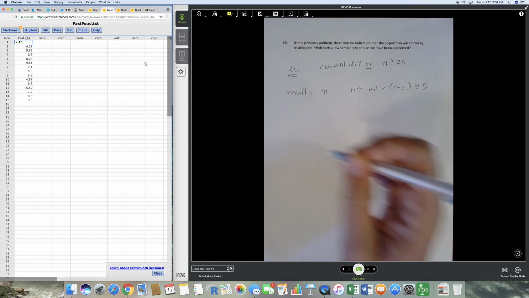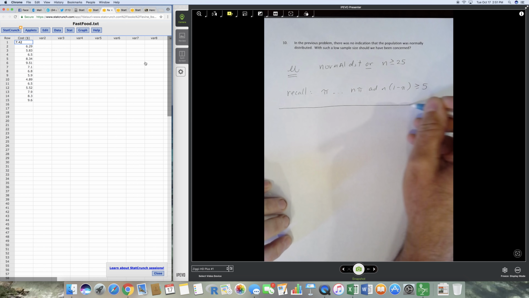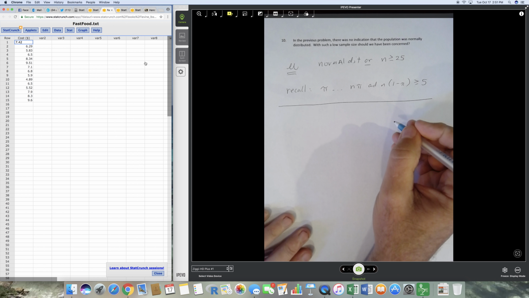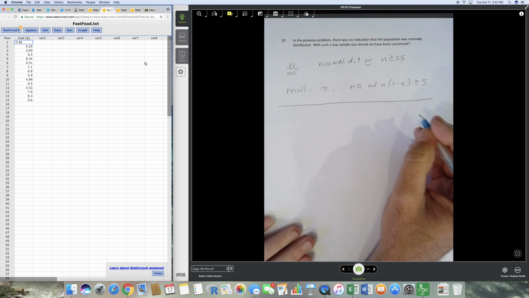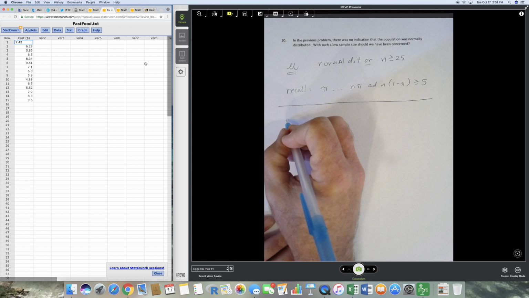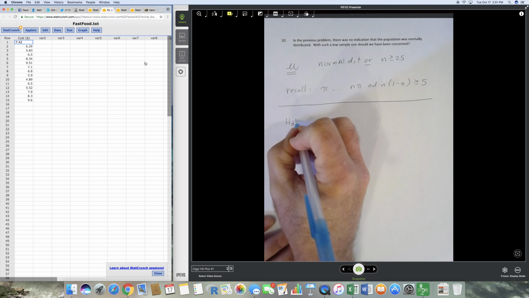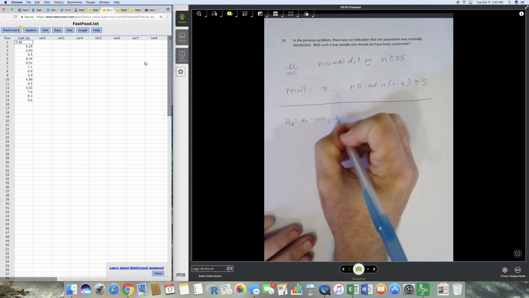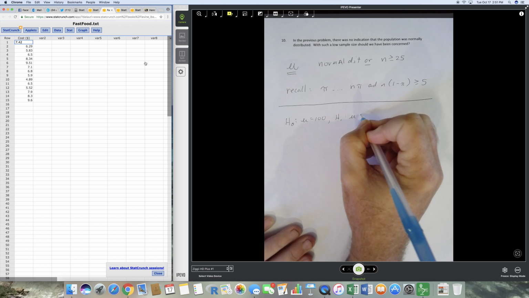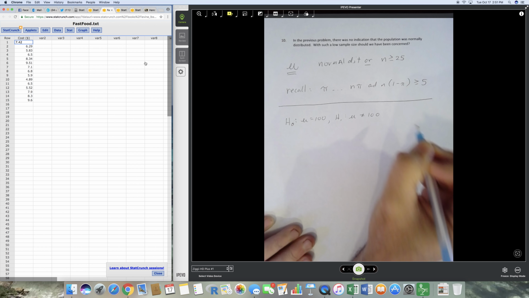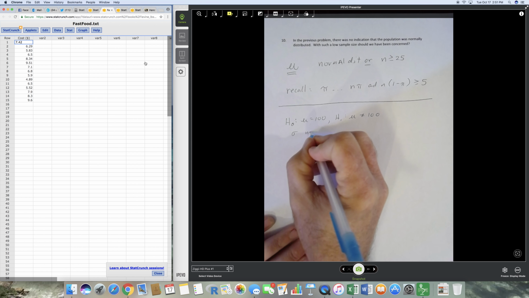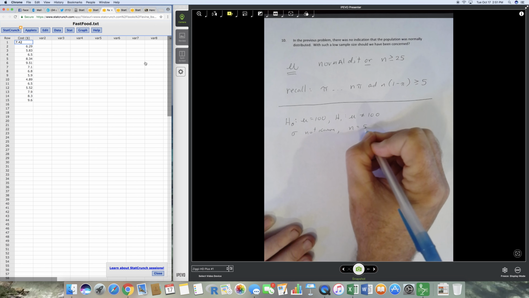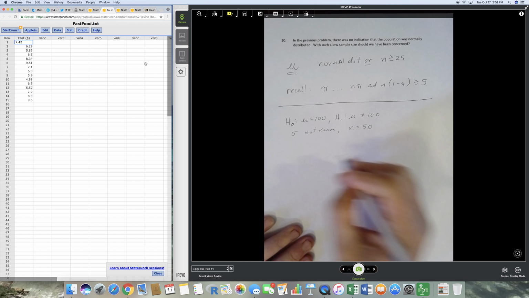All right, guys, one more thing. I want to just give you a problem and calculate a p-value. So let's say that we're testing, sigma not known, and our sample size is equal to 50.